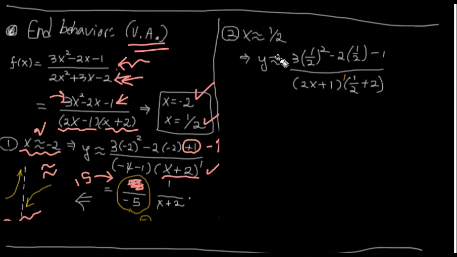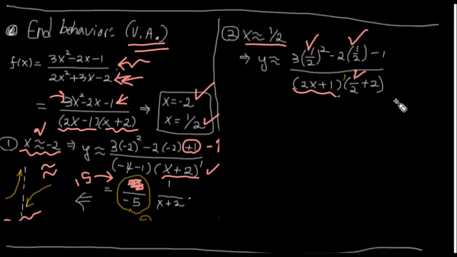So here I'm doing the calculation for the other vertical asymptote, x equals 1/2. 2x plus 1 is the factor responsible for that extreme behavior. So everything else is replaced with this 1/2 everywhere to see if that's a positive number.